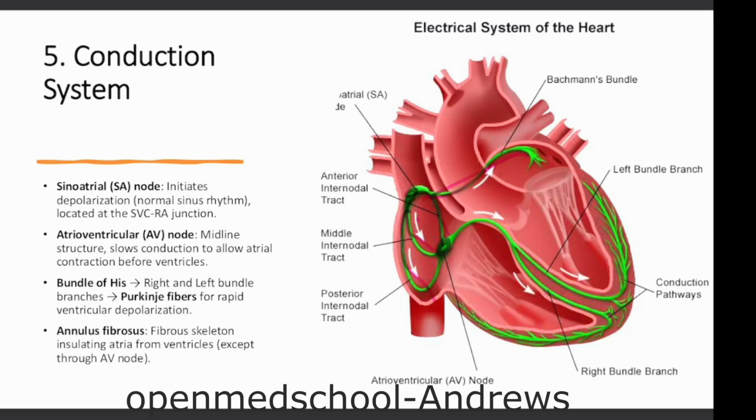There is a delay in the AV node. From the AV node it goes to the bundle of His, which divides into the right bundle and the left bundle. The left bundle divides into an anterior division and a posterior division, and from there, from the endocardium to the epicardium, the depolarization goes. So this is the basic conducting system.